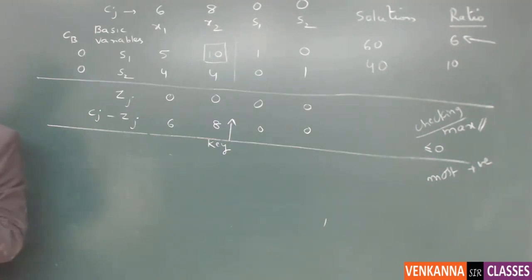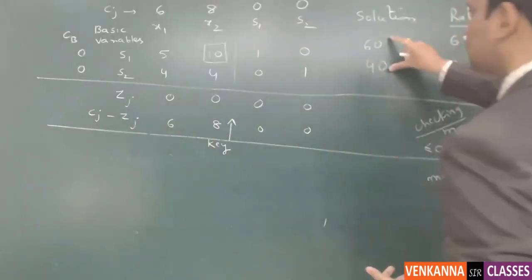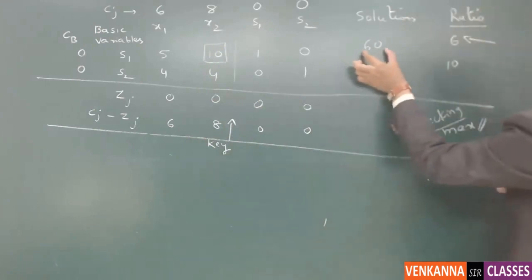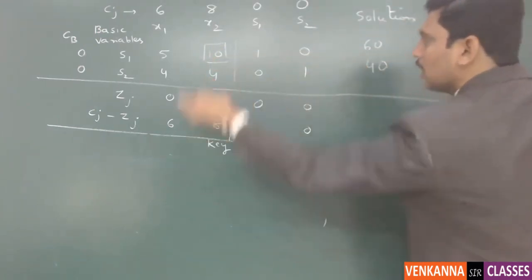If anybody has any doubt with regard to the problem specification and procedure, you can ask. I will repeat that again. Building the table: the ratio of these solution values with the column you have selected. 60 by the column value, 40 by the column value, the column which you have selected.